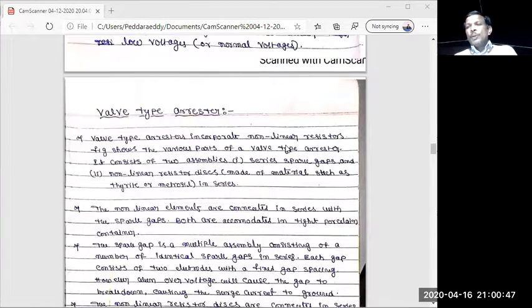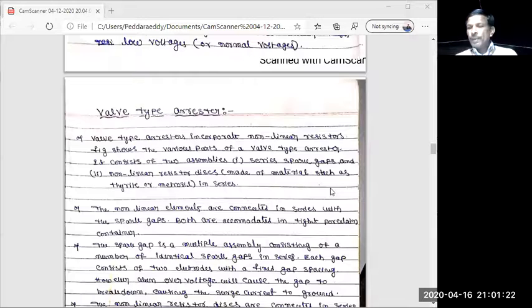What are the different types of lightning arresters? Number one, rod gap lightning arrestor, horn gap lightning arrestor, expulsion type lightning arrestor, valve type lightning arrestor, and metal oxide type lightning arrestor. These are the different types of lightning arresters used in power systems.